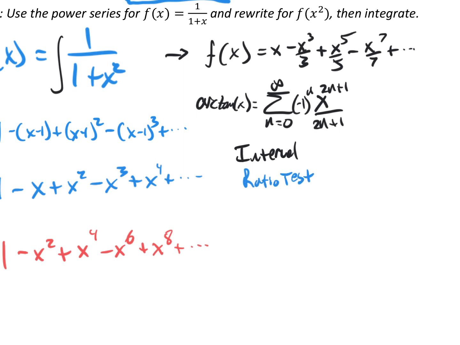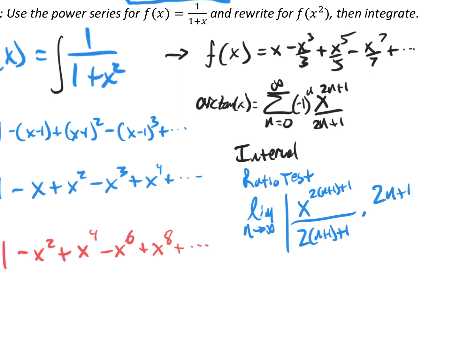So we have the n plus 1 term. The limit as n goes to infinity of the n plus 1 term, so that'd be x to the 2n plus 3 all over 2n plus 3, divided by the nth term, or times the reciprocal, 2n plus 1 all over x to the 2n plus 1.